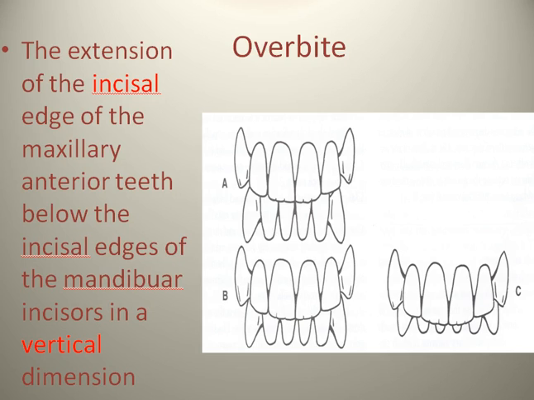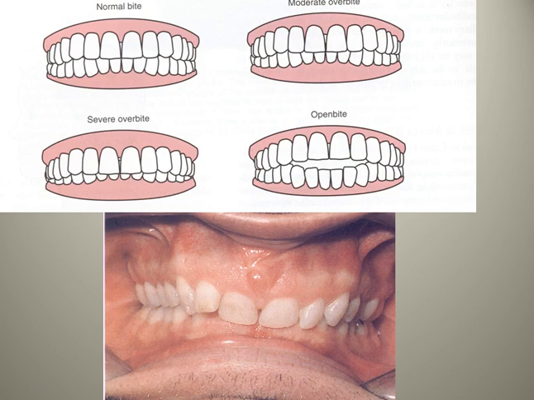Overbite is the extension of the incisal edge of the maxillary anterior teeth below the incisal edges of the mandibular incisors in a vertical dimension. Here you see very little overlap or overbite, moderate, and severe.